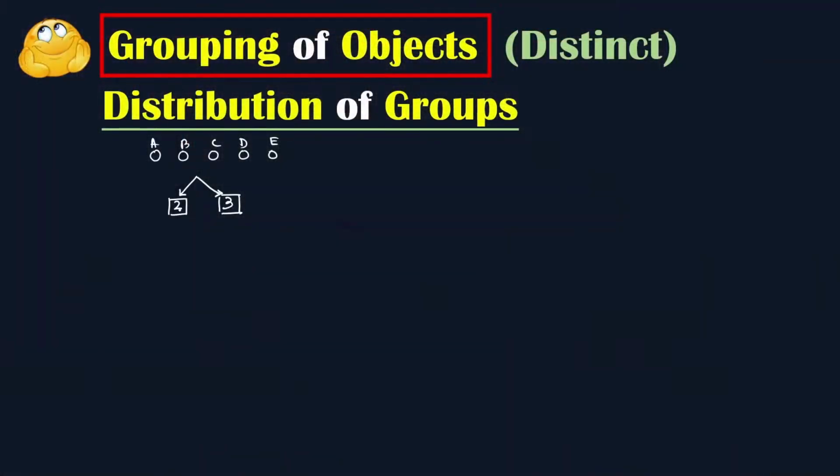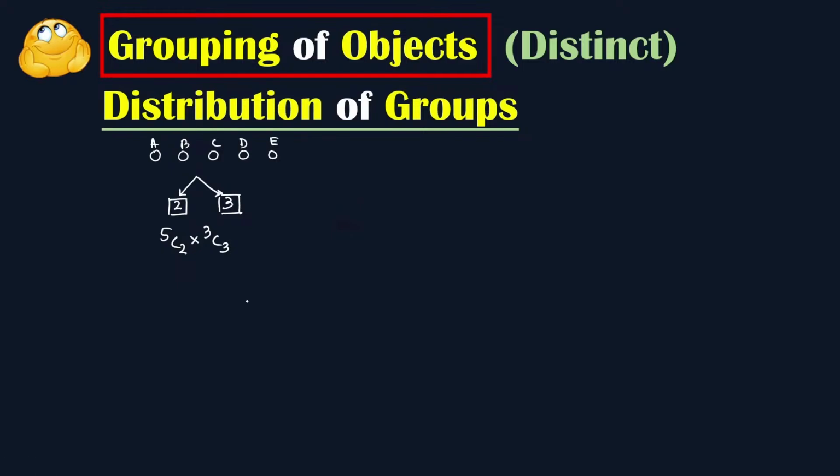Now these 2 objects can be selected from these 5 distinct objects in 5C2 different ways. And now after selecting 2 objects, we are left with 3 objects. Now that 3 can be selected in 3C3 different ways, that is in only one way.